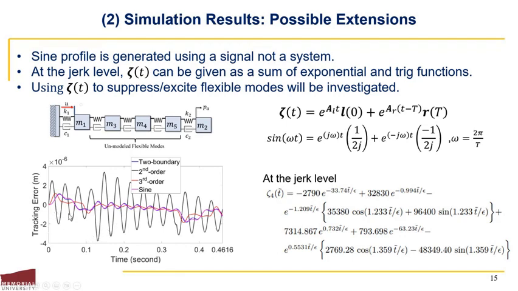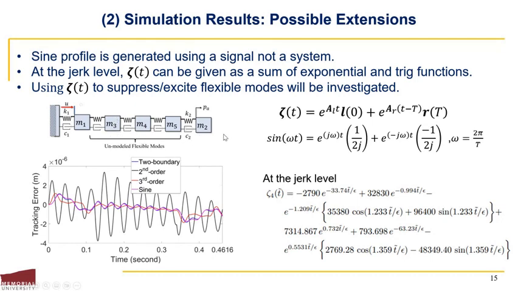Note that the sine profile is a mere signal, while the two-boundary is a signal that is associated with a system that can be adjusted to suppress and hopefully excite any number of involved flexible modes as shown here in the diagram, for example. Therefore, the difference between the two signals is expected to be significant when more flexible modes are involved.